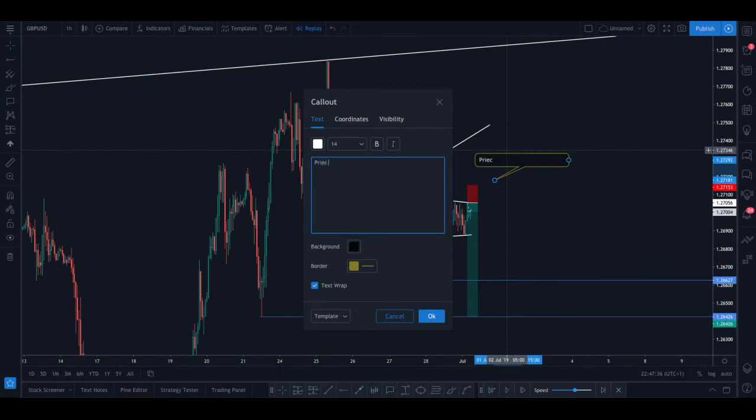price has reached the top of a correction, and I look short.